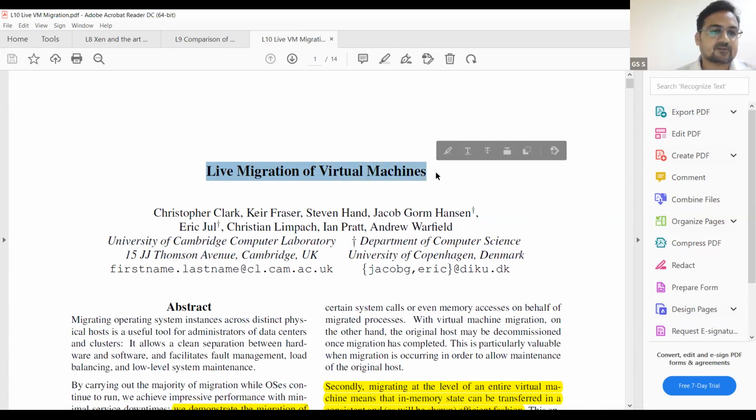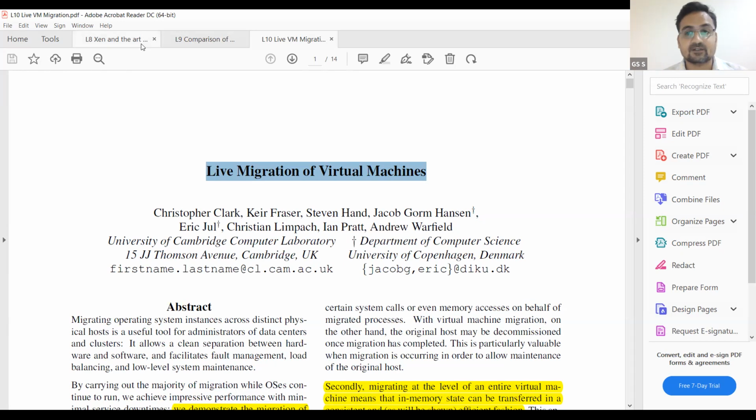They are talking about migrating a virtual machine from one physical server to another physical server without making it go down. It can continue to serve requests and still get migrated with non-noticeable downtime, right? Again, it is an academic solution which created a complete technology.